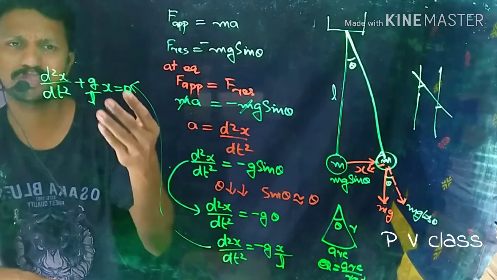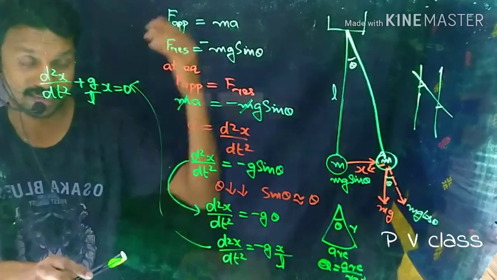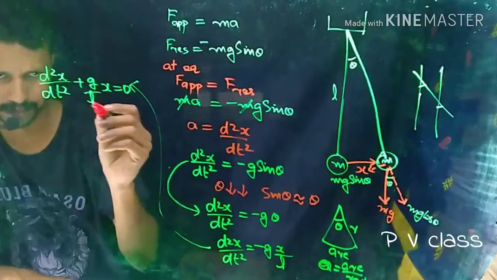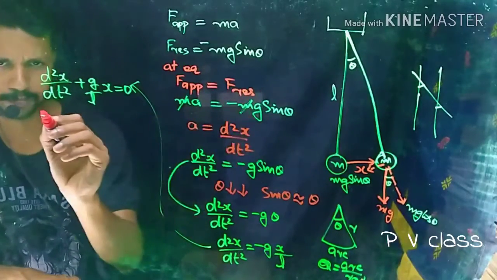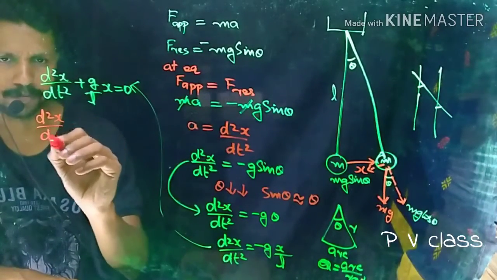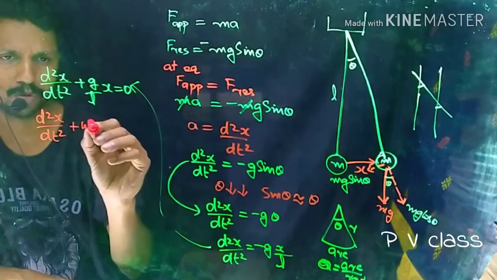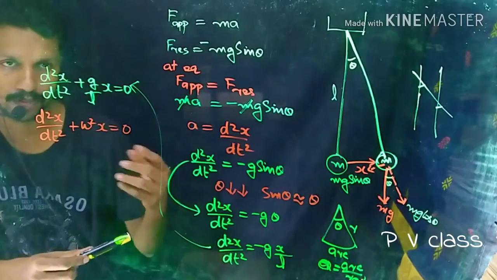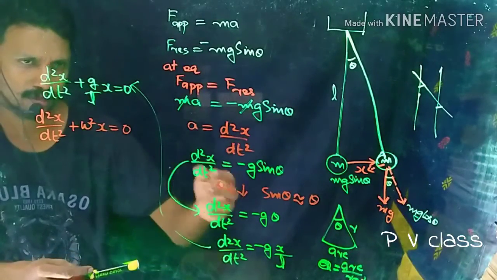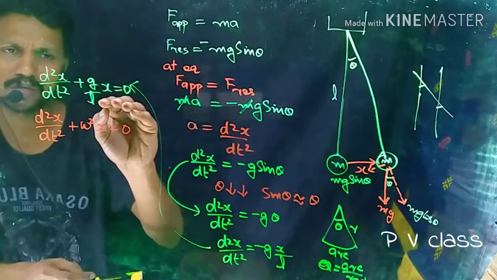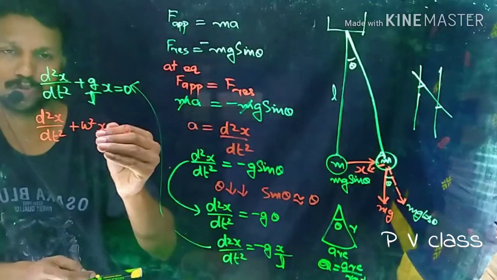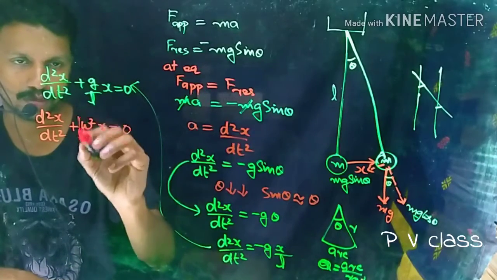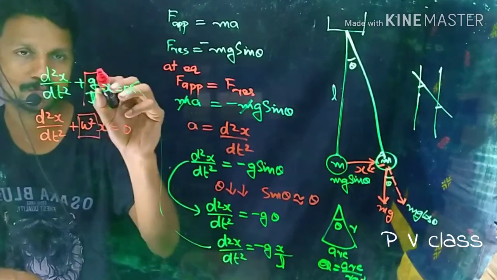As we have learned, the standard second order differential equation of simple harmonic motion is d square x by dt square plus omega square x is equal to 0. The equation that we have obtained is like the standard equation of simple harmonic motion. The only difference is, instead of omega square, we have g by L.